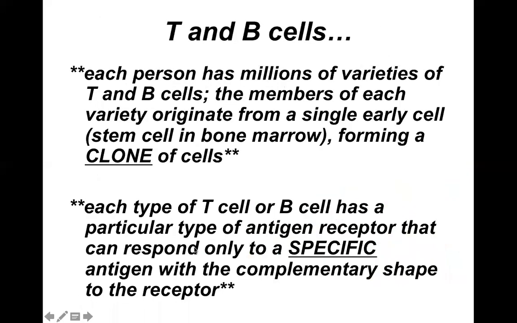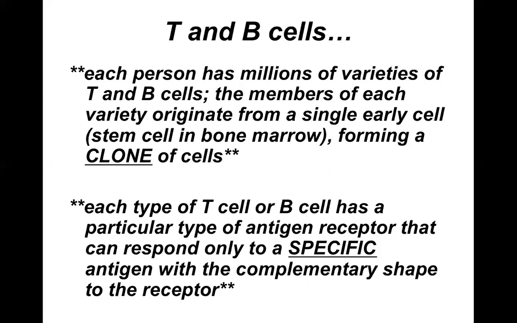Okay, again, to reinforce this idea, every person has millions of varieties of T and B cells, meaning if you looked at just one of your B cells and then randomly looked at another B cell and looked at the receptor it had, the shapes of those receptors are slightly different because they're custom made to fight one particular foreign antigen.